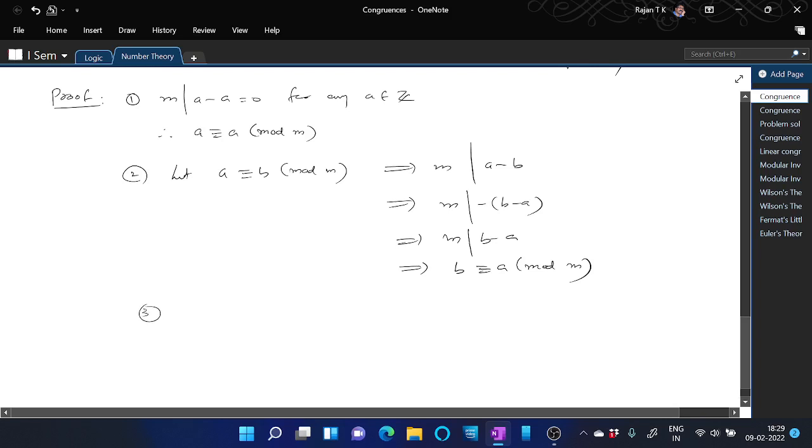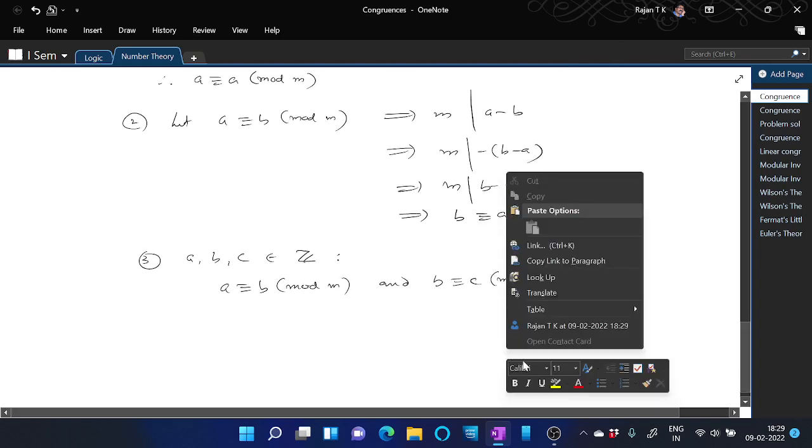Then the third property. Suppose A, B, C are three integers such that A is congruent to B mod m and B is congruent to C mod m.